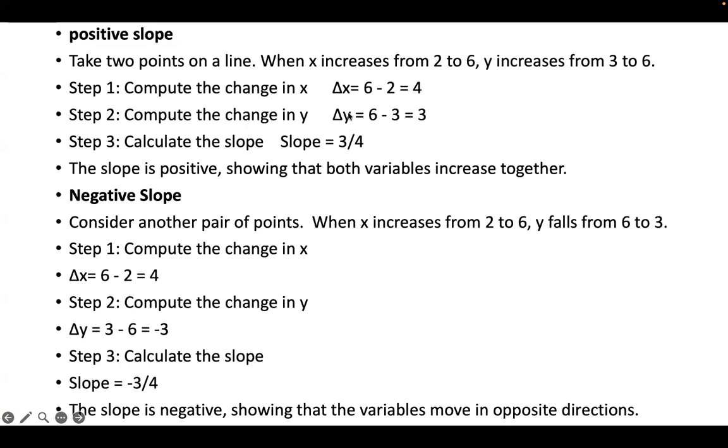To get the change in y, we subtract the initial y coordinate from the final y coordinate, 6 minus 3, which gives us 3. We know that the change in y over the change in x gives us the slope. Therefore, 3 over 4 is the slope. Since we are getting a positive figure, the slope is positive. It shows that both variables increase together.